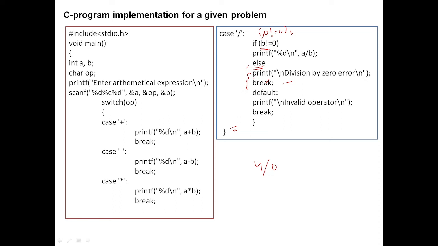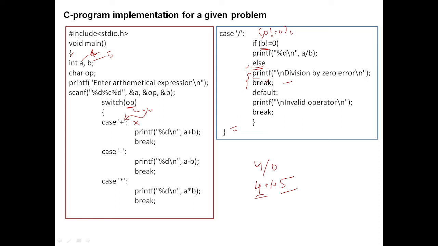Suppose you give an input of 4 modulus 5, then what happens? 4 will be stored in A, 5 will be stored in B, and OP will store the modulus operator. So first, this is matched with the first case.